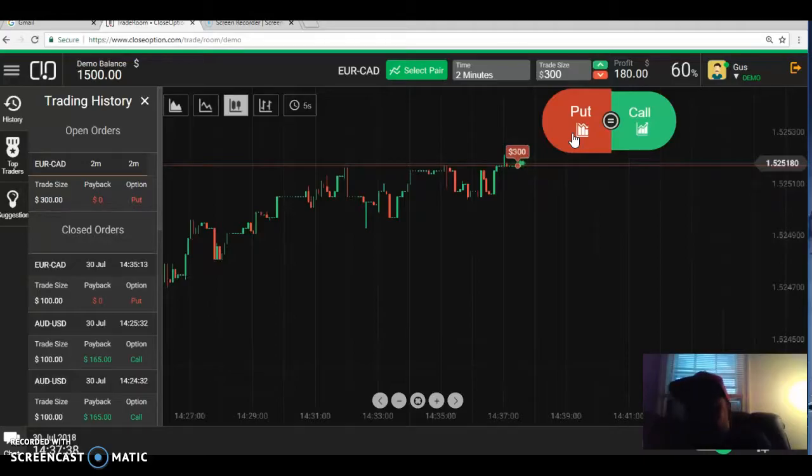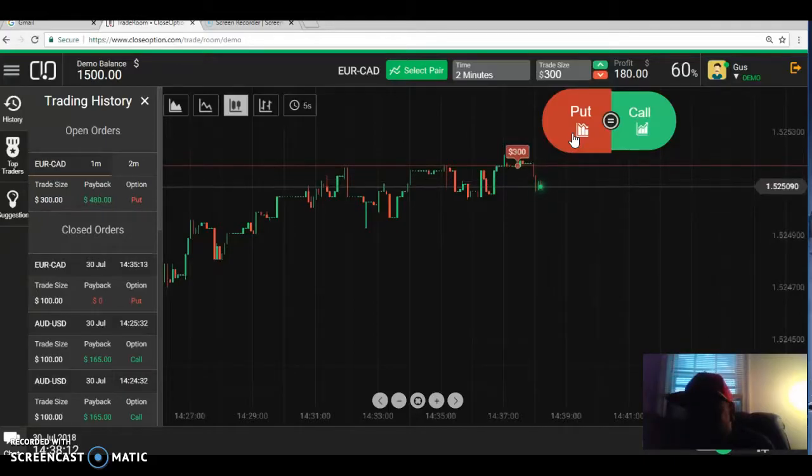So I just hit a $300 put trade because I lost that initial trade, and that's another strategy that I use besides the price action trend reversal.